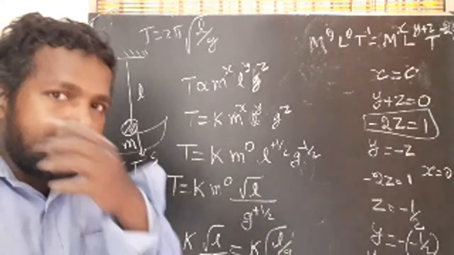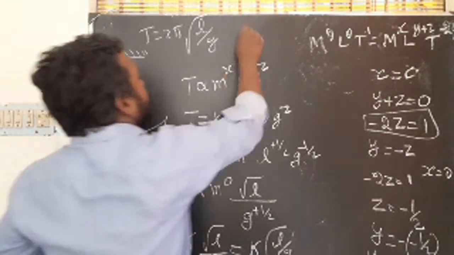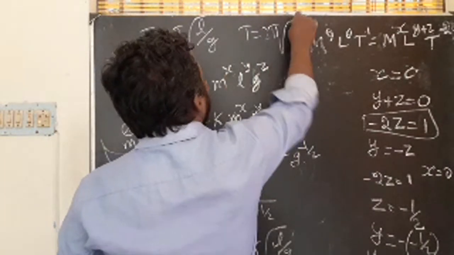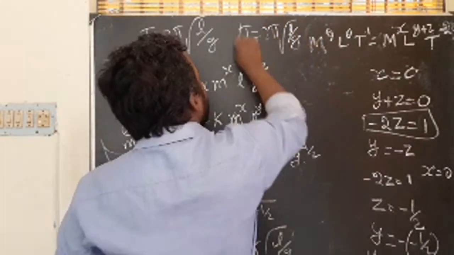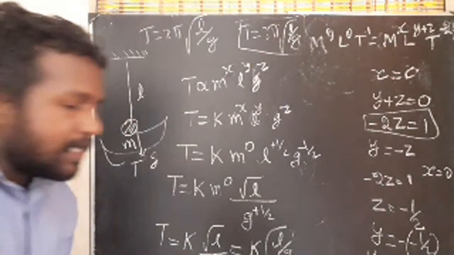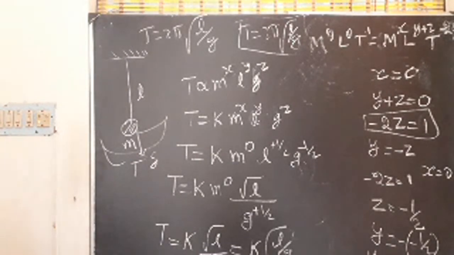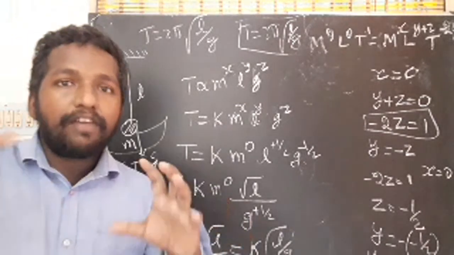K is here 2 pi. So finally we got time period is equal to 2 pi root of L by G. So using the dimensional formula, we derived this equation. So the second use is to derive the relationship among the physical quantities.